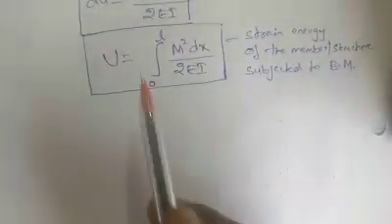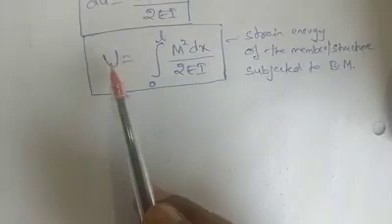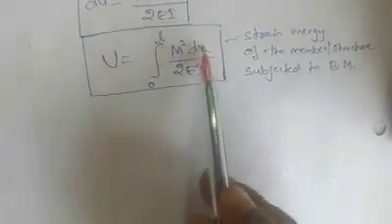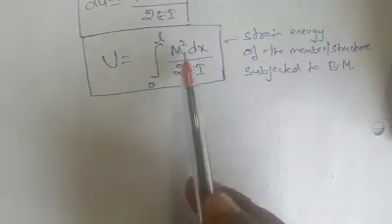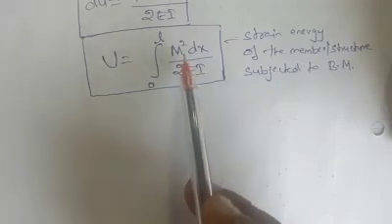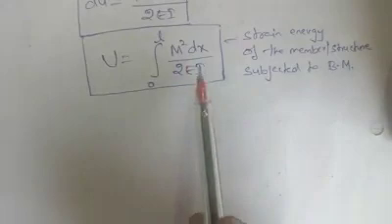So U, the strain energy, is equal to the integral from 0 to L of M square dx by 2EI, where M is the bending moment value. This is how we calculate strain energy for a member subjected to bending moment.